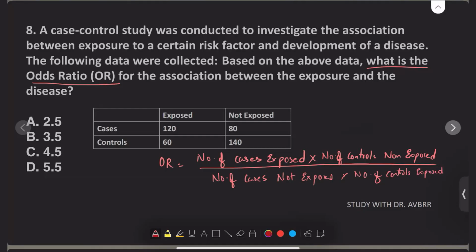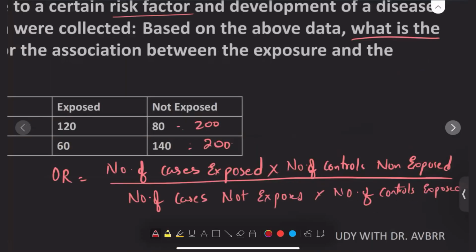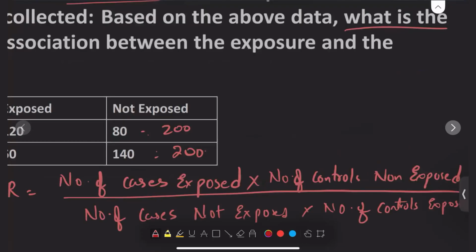So just to understand, let's rewind: what is a case control study? Since they didn't give any specific risk factor or any disease, let's take an example. Let's say, since they are given a total of 200, I've taken two groups.